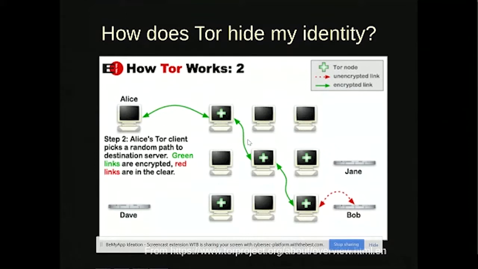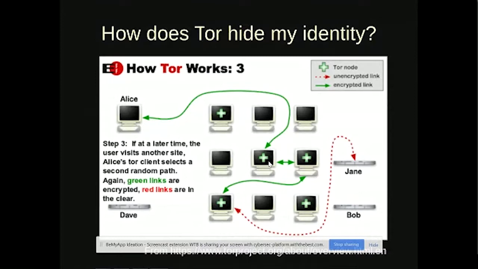One layer is the encryption between the first relay and the second relay, and the other layer of encryption inside that goes from Alice to the second node. And you continue to layer on layers of encryption. And so this is called onion routing, and that's where Tor gets its name, because it stood for the onion router.